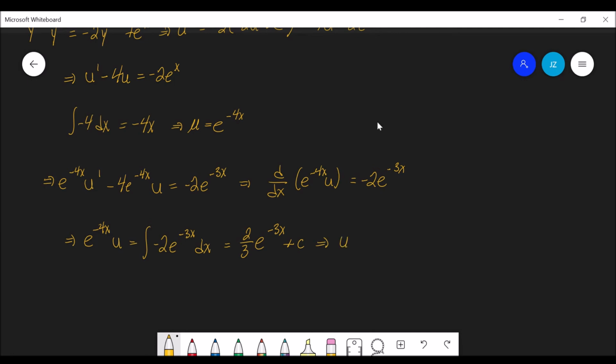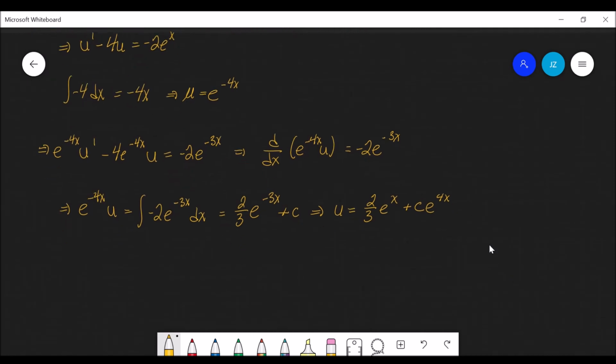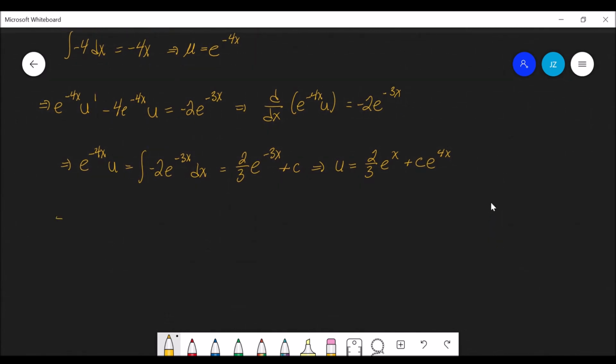So this means that u is equal to 2/3 e to the x plus ce to the 4x. However, u is y to the negative 2. So this means that y to the negative second power is 2/3 e to the x plus ce to the 4x.